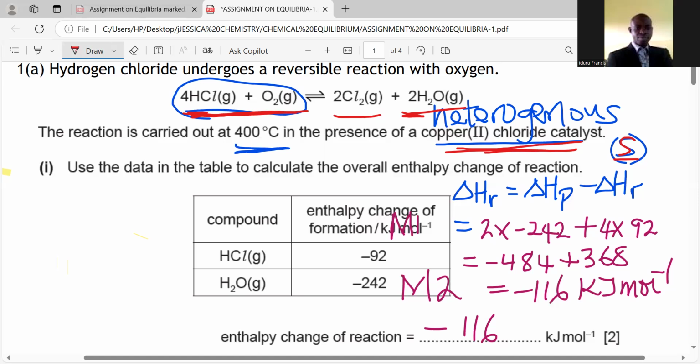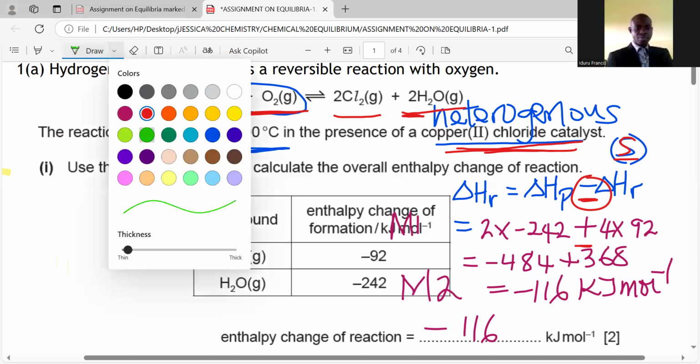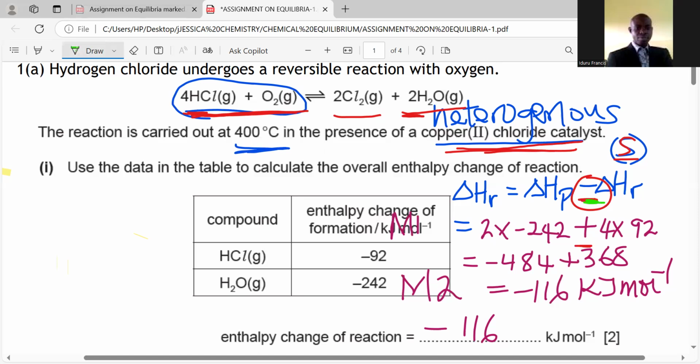So minus times this minus will give me a plus. Then I simply say 4 times 92, because the enthalpy change for the formation of HCl is minus, so minus times this minus will be plus.